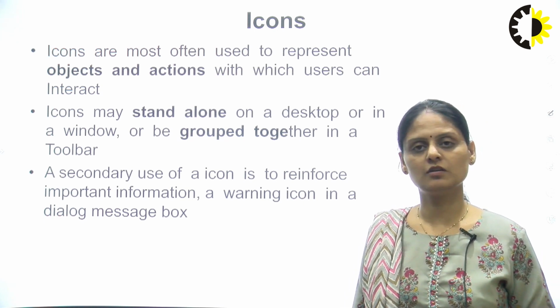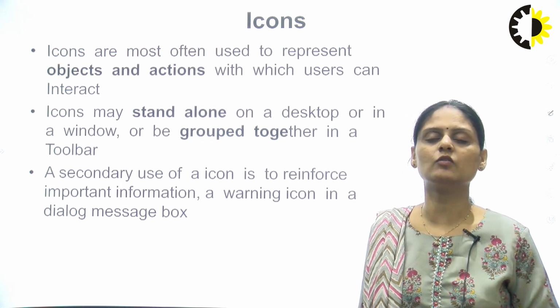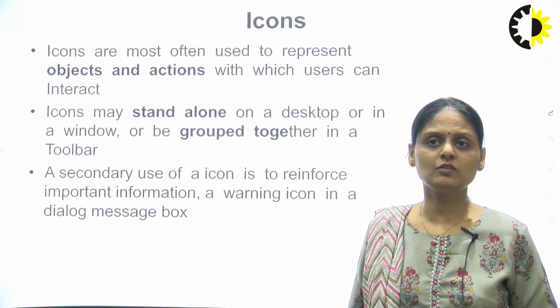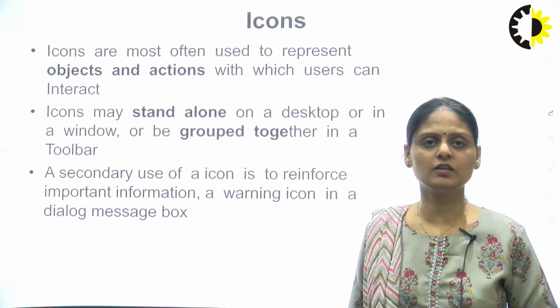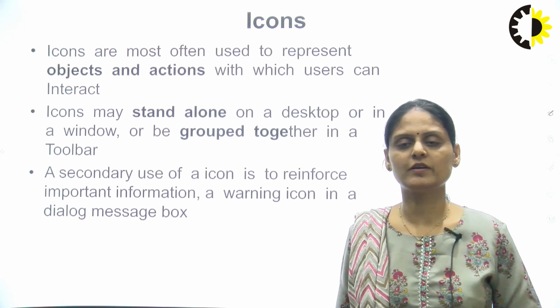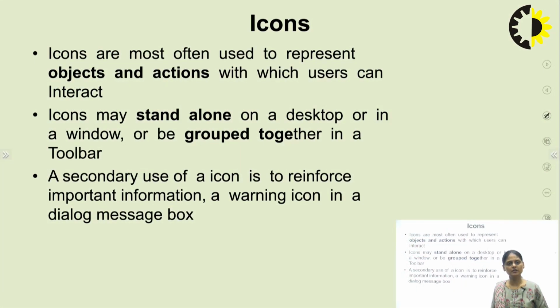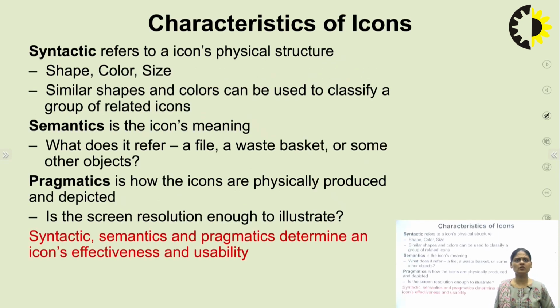So these icons we always see on the screen, the similar icons are grouped together so that it is friendly to the user, who needs to go to that particular place and finds multiple icons over there only. A secondary use of an icon is to reinforce important information, such as a warning icon in a dialog message box. The characteristics of icons are syntactic, semantic and pragmatic.